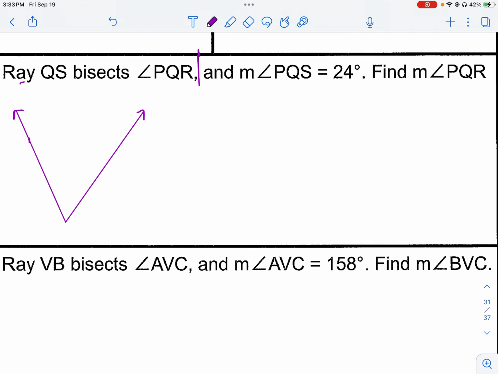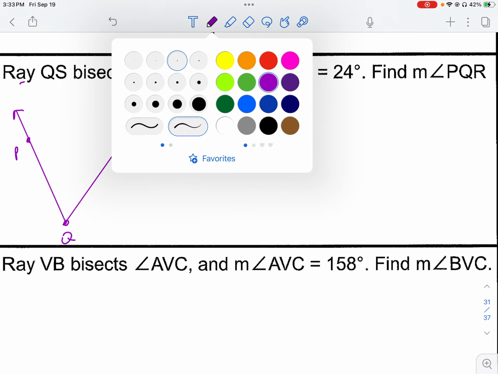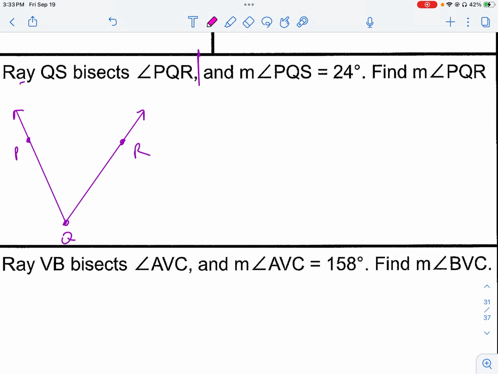So we have angle PQR, P, Q, and R. And we have a ray QS that bisects it. So ray QS, we have the Q down here already, so we need an S.